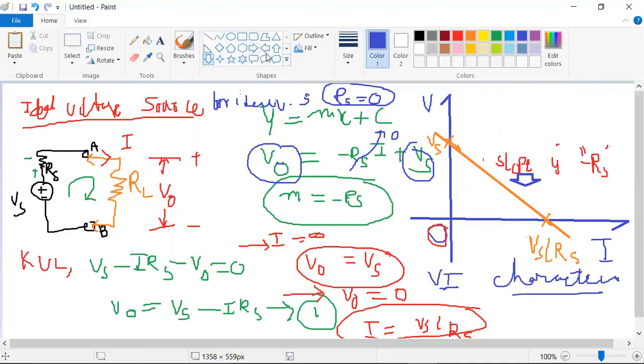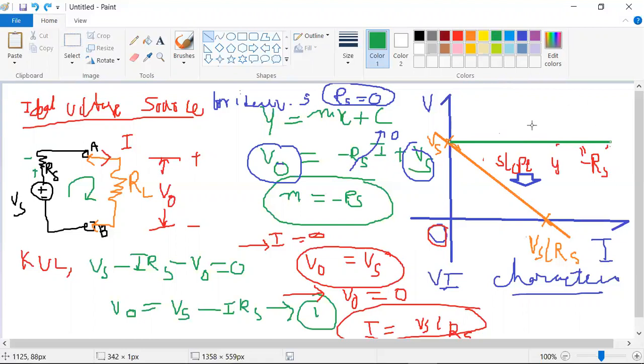Let me draw that graph. This is the graph for the ideal voltage source.